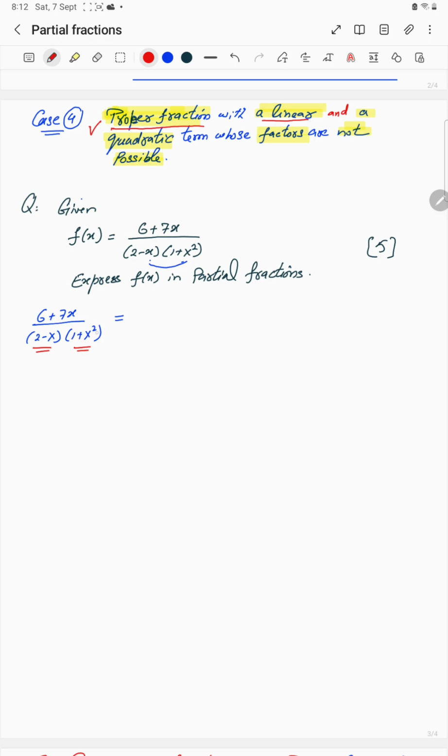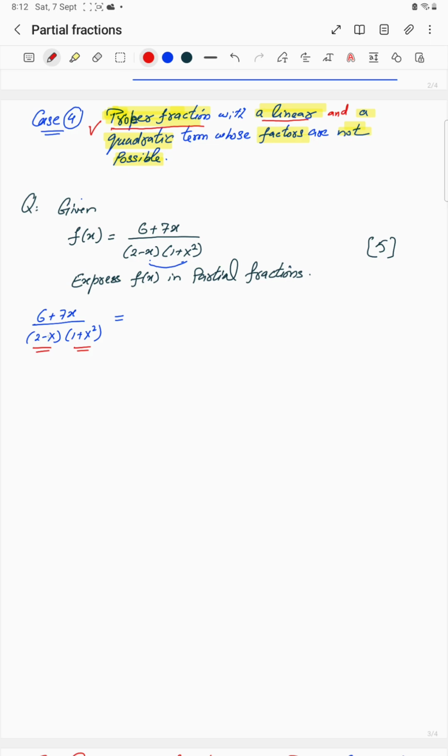If you can factorize, do it first and then go with the linear cases. Case 1 applies when all the terms in the denominator become linear, but for this particular question, 1 plus x squared can't be factorized into linear terms.